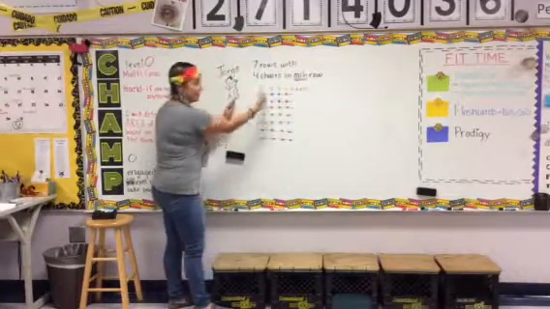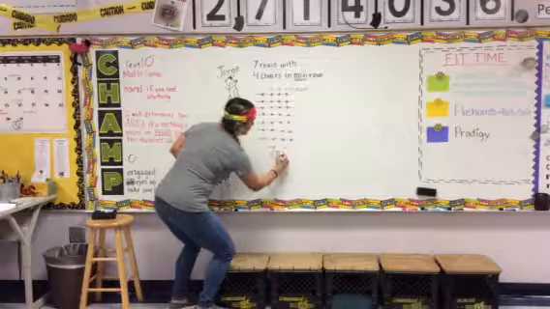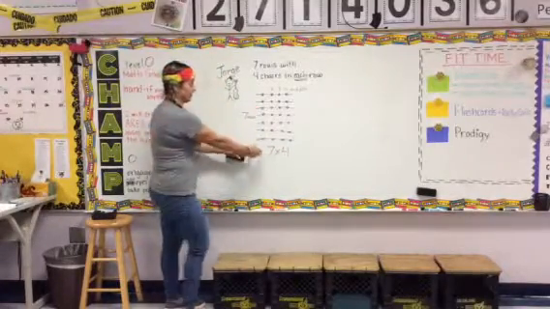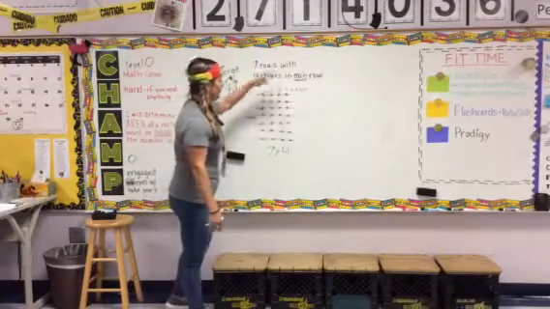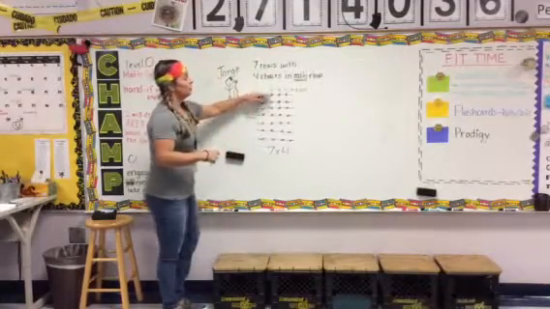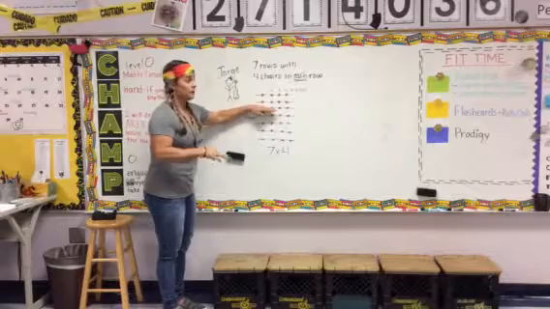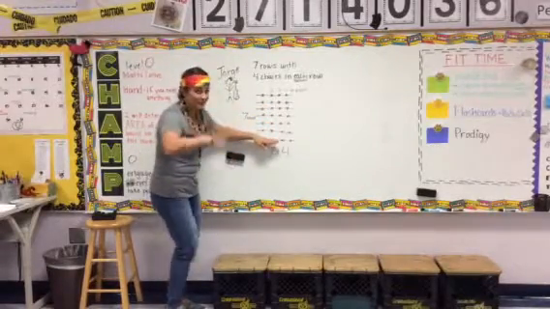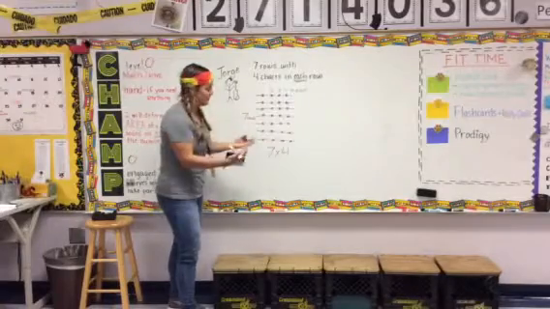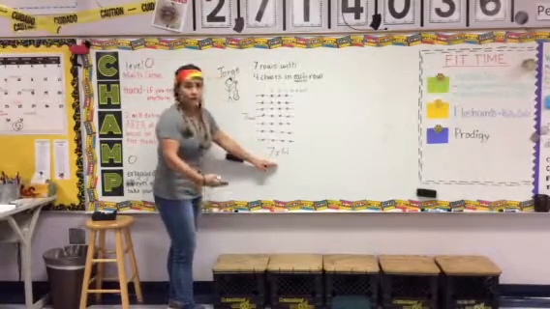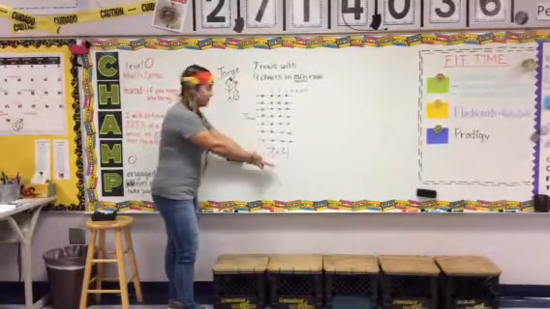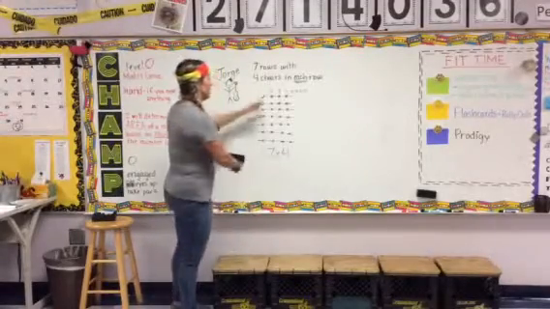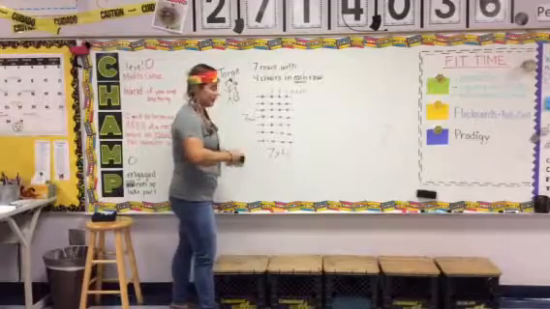So you guys know that that represents this multiplication expression. So 7 times 4, right? Instead of us having to do 4 plus 4 plus 4 more plus 4 more plus 4 more plus 4 more, plus 4 more. That's a lot of 4s to add, right? It's going to take a lot of time. Well, when we get to know our facts, right, 7 times 4, that's 28 chairs. But you guys know I don't care about the answer right now. I care about, can you represent this, okay?